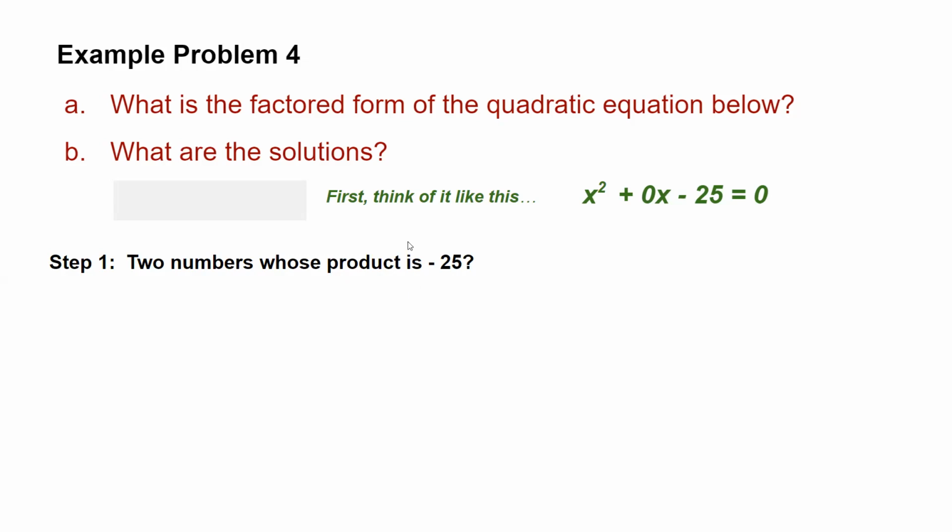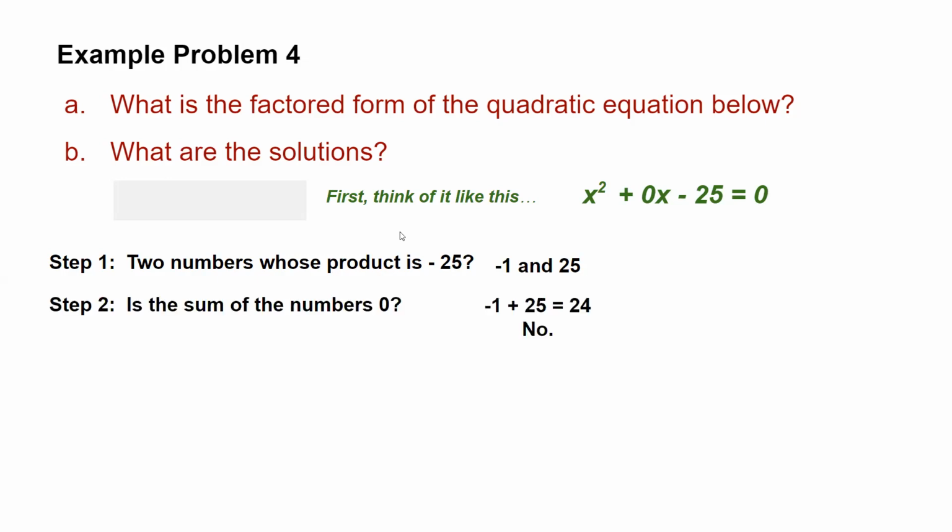I'll give you just a moment to think about a couple of numbers that might have that product. How about -1 and 25? That works. Try that in your calculator. Now, is the sum of those two numbers 0? No. The sum of those two numbers is 24. So let's try another one.